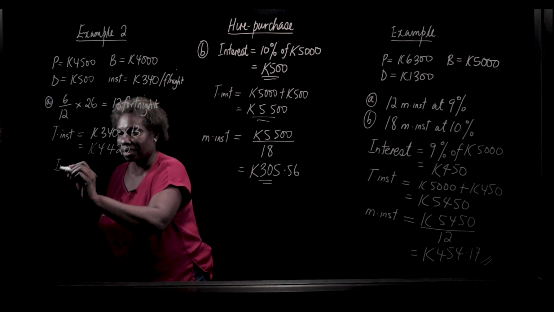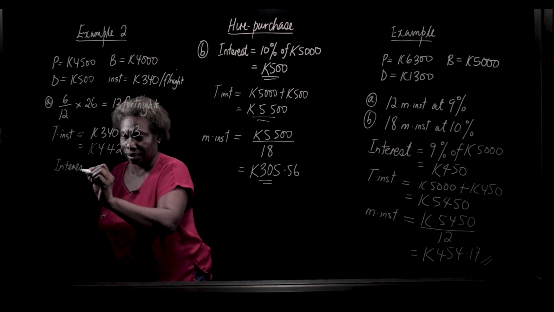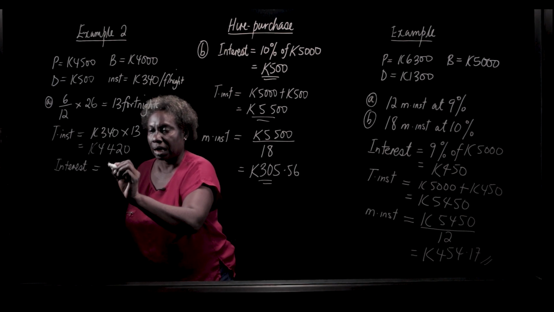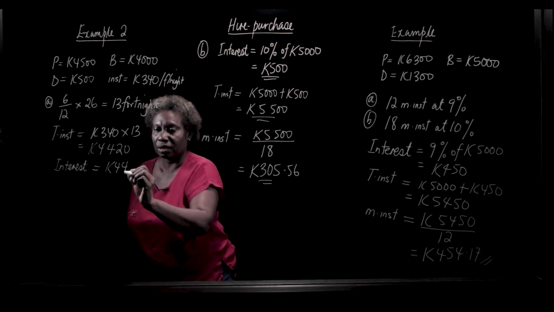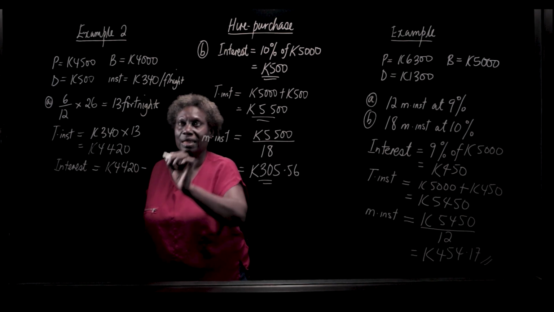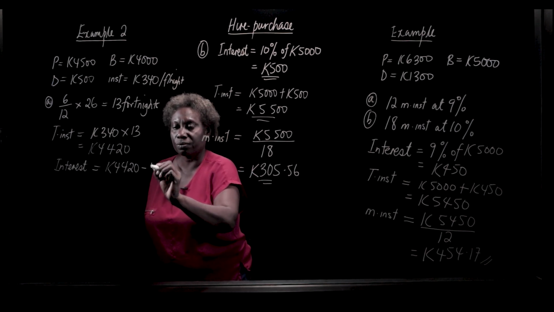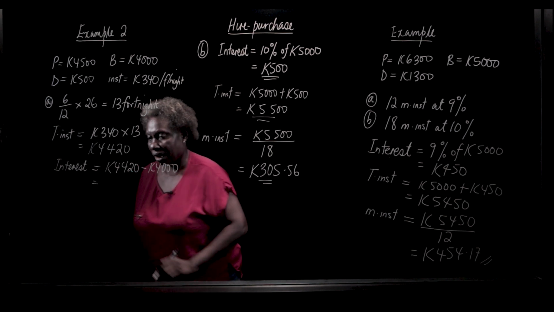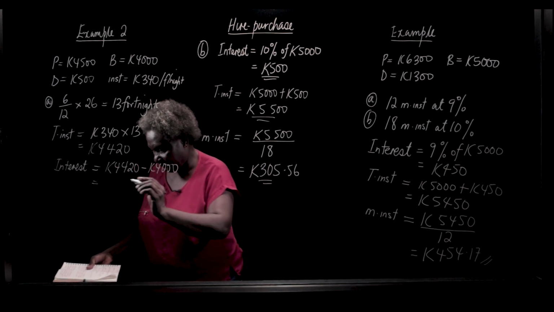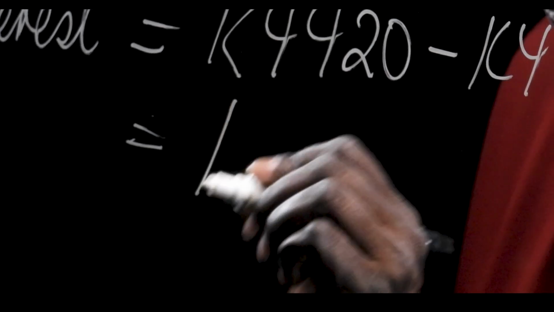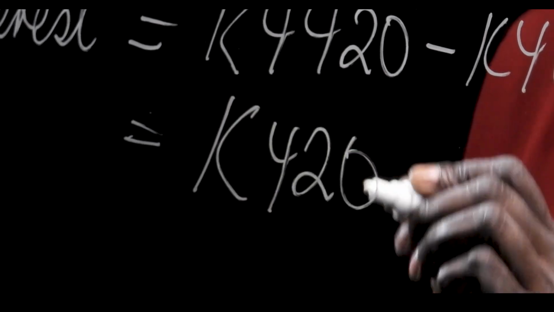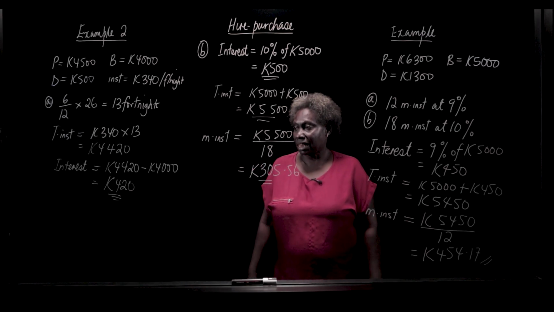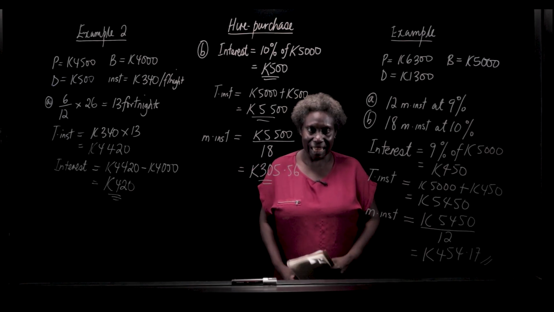The interest is equal to the total installments of 4,420 kina minus the balance of 4,000 kina, and the company makes an interest of 420 kina. So the interest is 420 kina.